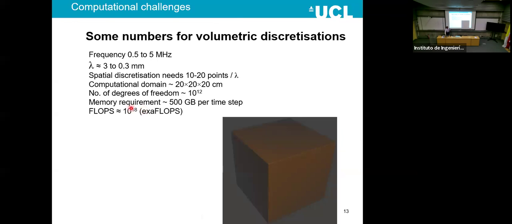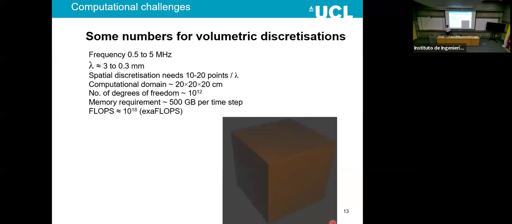So this diagram here is a box with a very fine grid. I'm not sure if you can actually see the details of the grid, but if you want to do this properly, in terms of floating point operations per second, you're talking about 10 to the power 18.